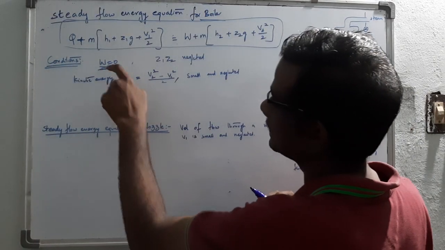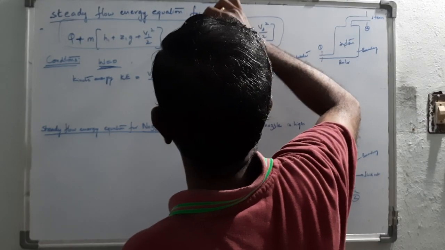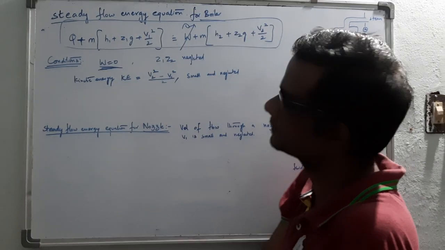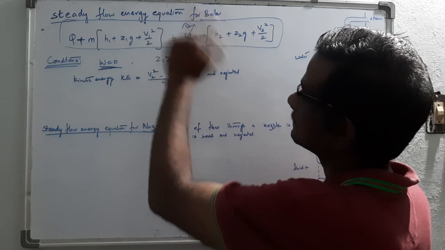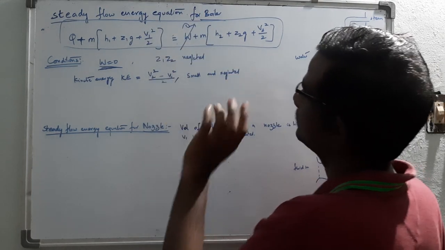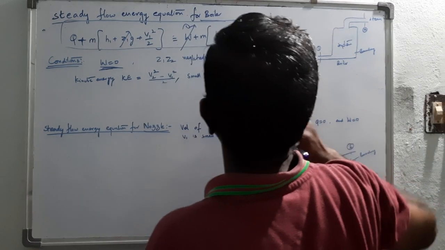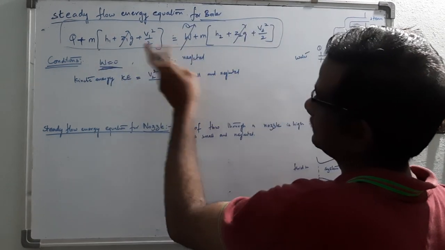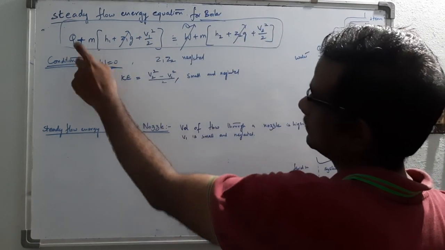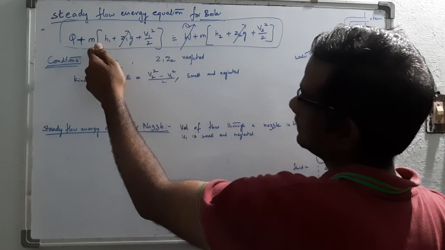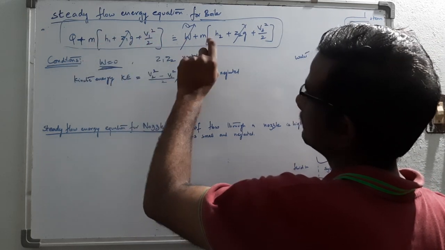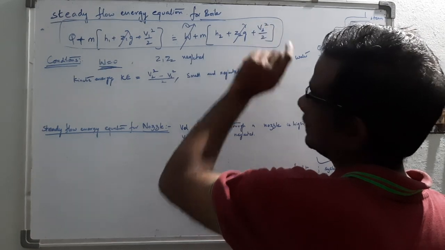Here work done is 0, so that term becomes 0. For the boiler, Z1 and Z2 are neglected because Z1 equals Z2. The remaining parameters: Q plus m into (h1 plus V1 squared by 2) equals m into (h2 plus V2 squared by 2).